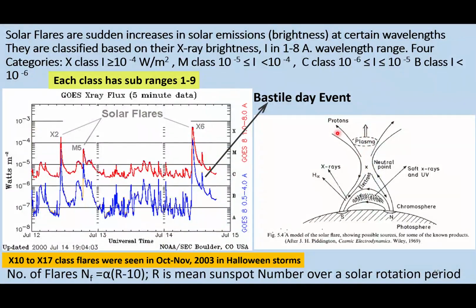Similarly, there are the charged particles here. They get accelerated. Say electrons get accelerated towards the photosphere, and when these very energetic electrons come and hit the neutral atoms or molecules here in the chromosphere, that is the basic mechanism of production of X-rays.